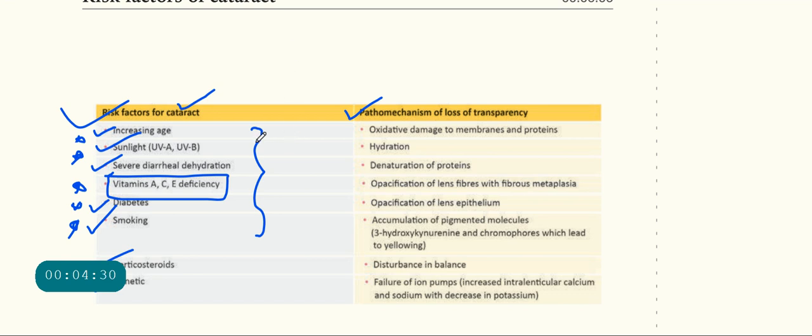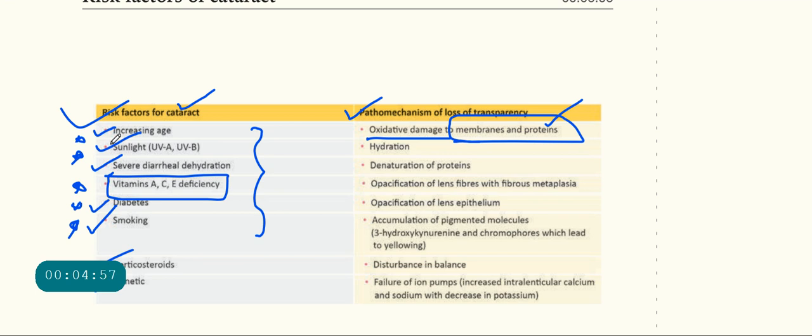Now, in increased age, there is oxidative damage to the membrane and the proteins, which leads to cataract.